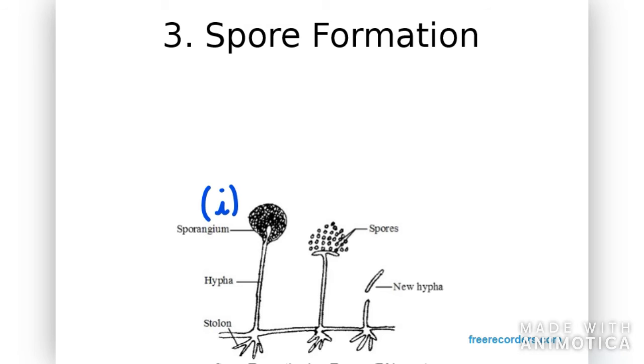As soon as they come in contact with suitable conditions, this layer detaches from the parent body and these spores are spread, and as soon as they come under suitable conditions they will germinate and produce new Rhizopus individually. In this case one example is Rhizopus, you can write. Next, moving on to fragmentation.